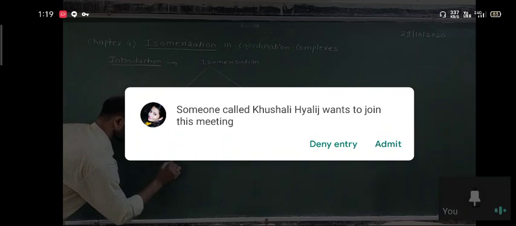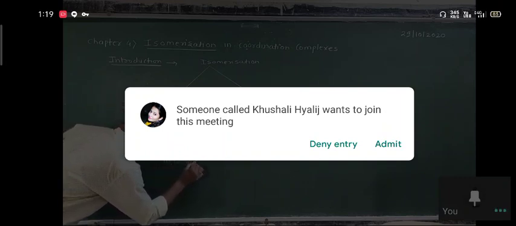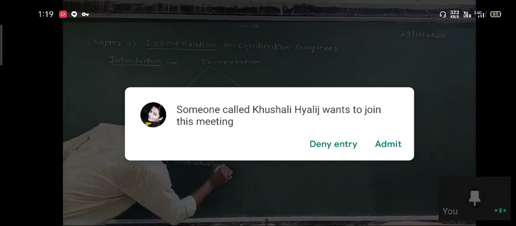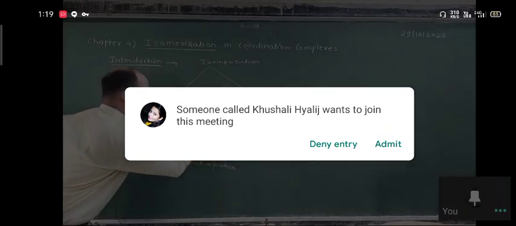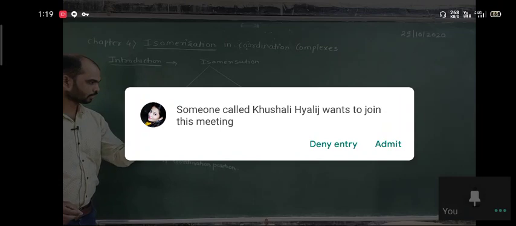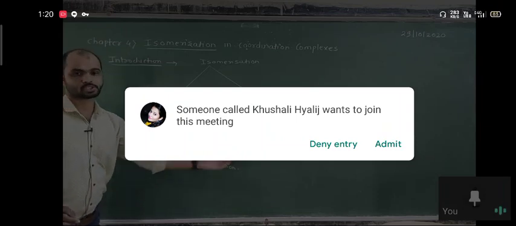Seventh is coordination position isomerism.